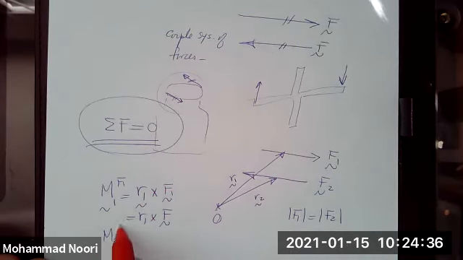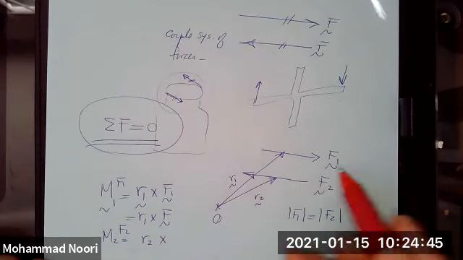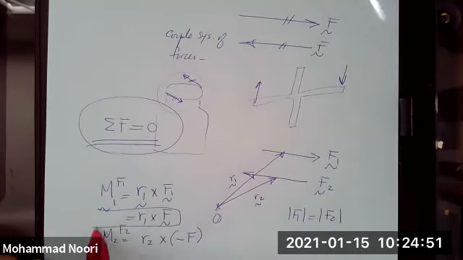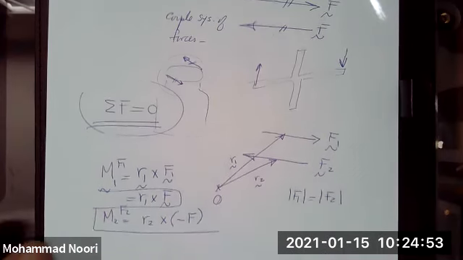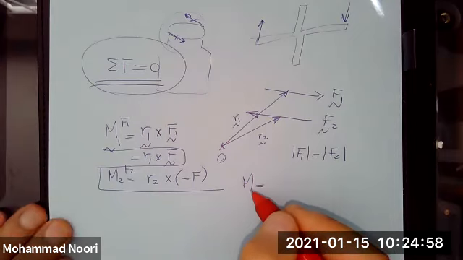M2, which is for F2, would be R2 cross F, but this F is in the opposite direction of that, so it's a negative direction of the other force. So this is the moment of the first one, this is the moment of the other one. So what is the total moment that is generated?